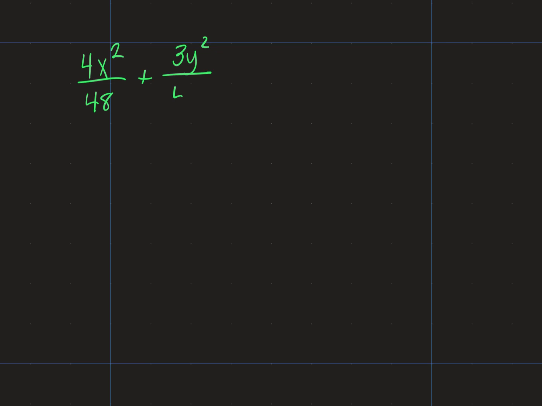Oh, wait. I didn't want that yet. We're getting there. We'll divide in a minute. Right, so say it starts with this. But what did I say it always has to be equal to? 1. So what do I have to divide by to make it equal 1? 48. Okay.